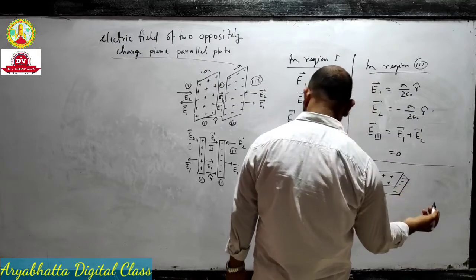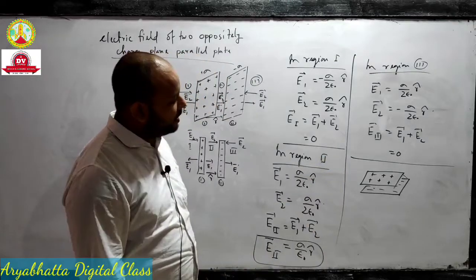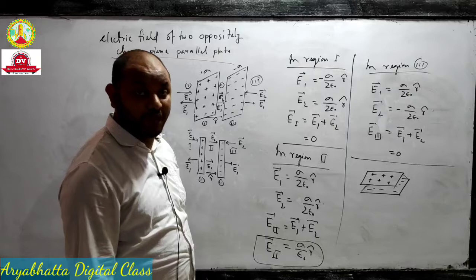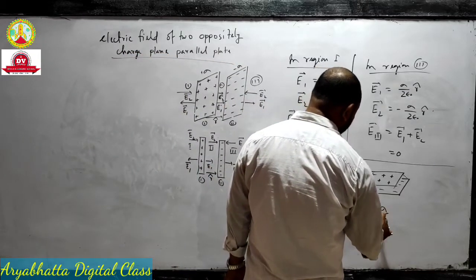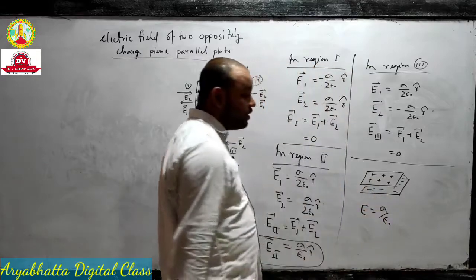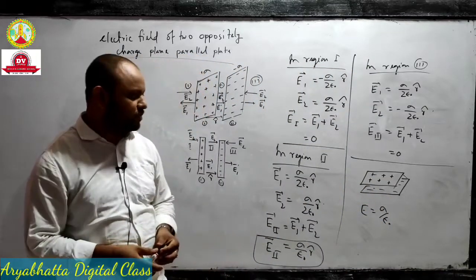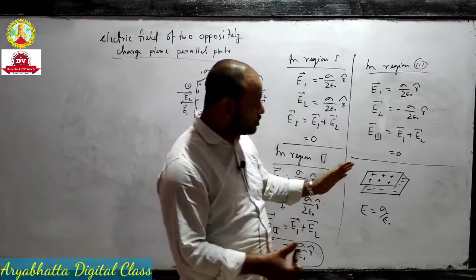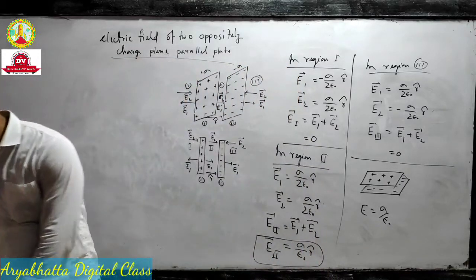If we have two parallel plates, one positively charged and the other negatively charged, in between the two plates the value of electric field is equal to sigma by epsilon naught. What is sigma here? Sigma is the surface charge density, the charge per unit area, and outside the two plates the electric field is 0.